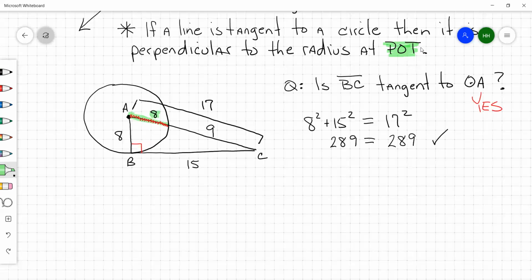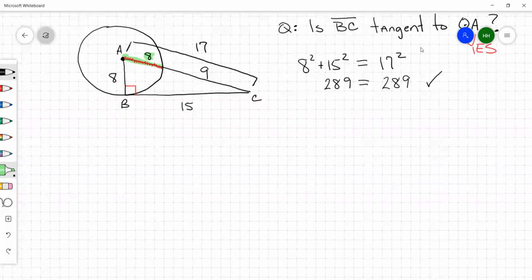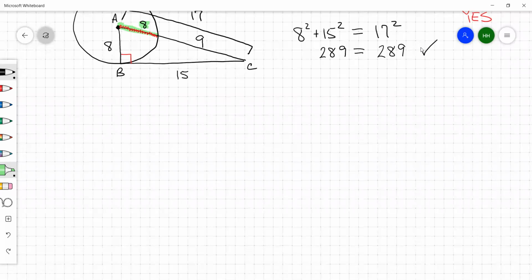All right, second type of problem you'll see related to this theorem looks like this. Let's go here.